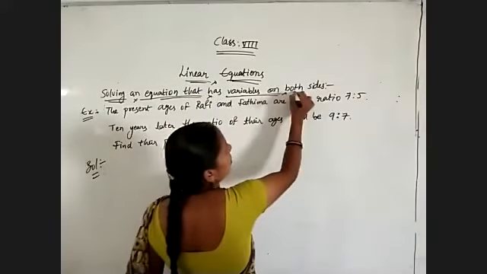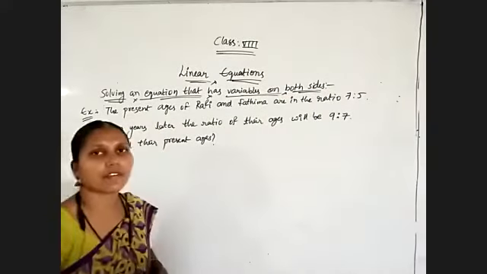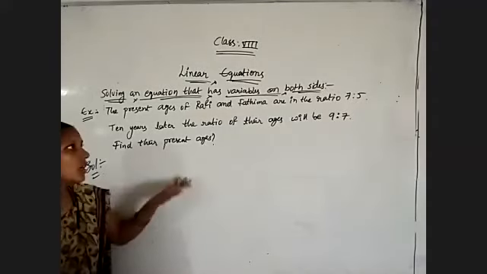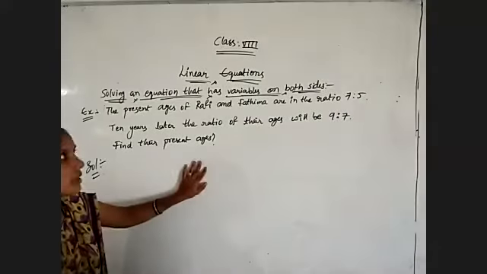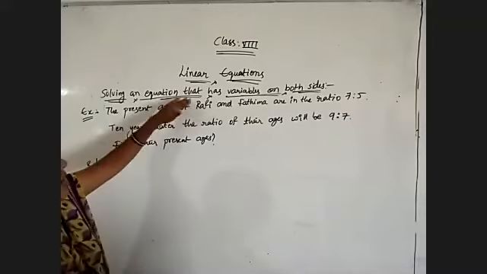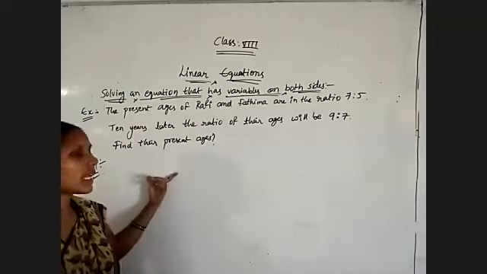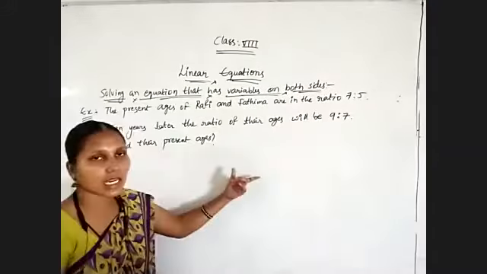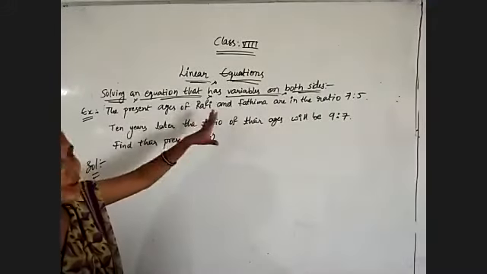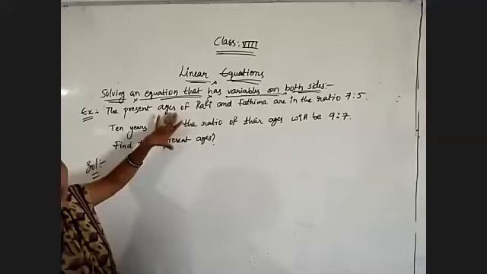Till now, only on the LHS side we got the variable, only one side, in whatever problems we have solved. Now we are going to learn how to solve equations which have variables on both sides, means the LHS side you will get the variable, and the RHS side also you will get the variable. Now observe for this type of condition, this is the first example.